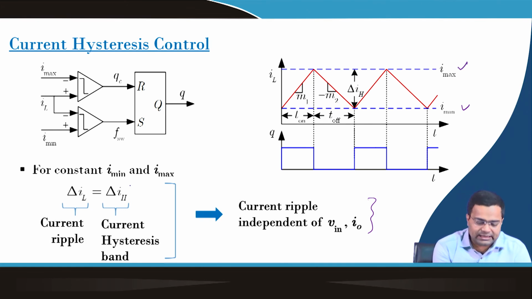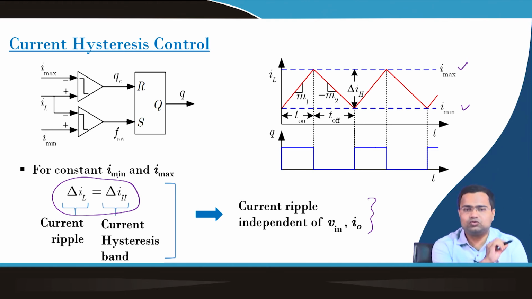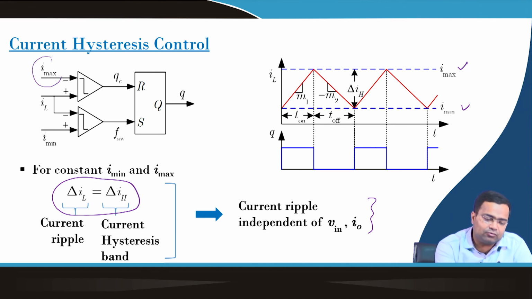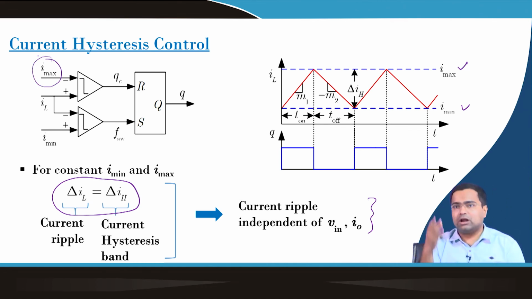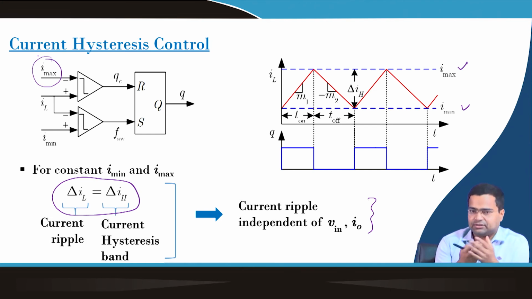But this condition cannot be met when we design closed loop control, because one of the current references will come from the outer loop, and the other current reference will be generated by subtracting the hysteresis current level, which we will discuss. The current reference will carry some ripple information of the output voltage, which will cause some ripple effect in the reference current.